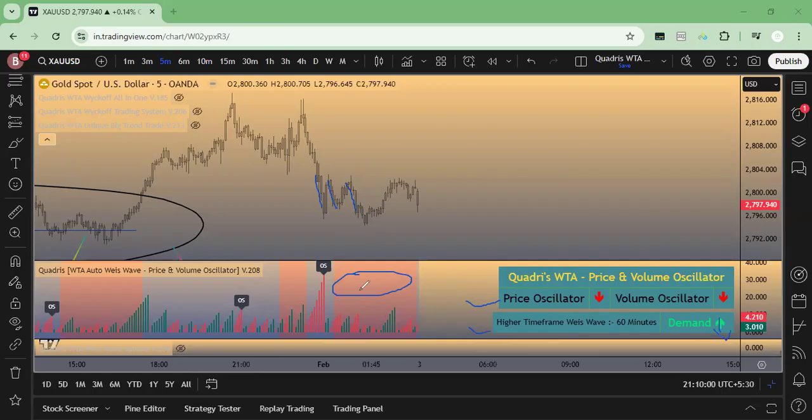When price is moving downwards and the supply is getting greater or more evident, comparatively, if you see with the demand, the number of selling supply is greater than the number of demand.